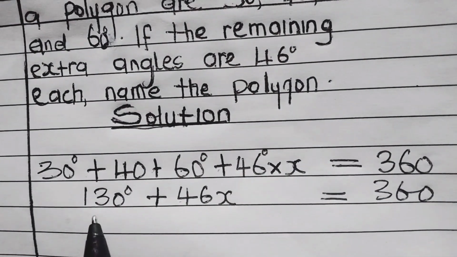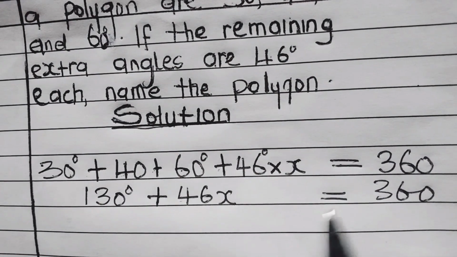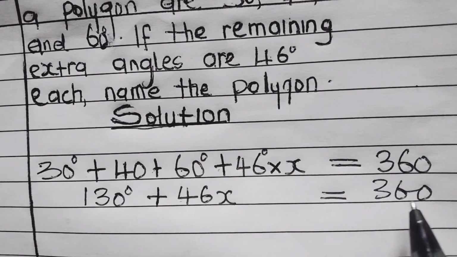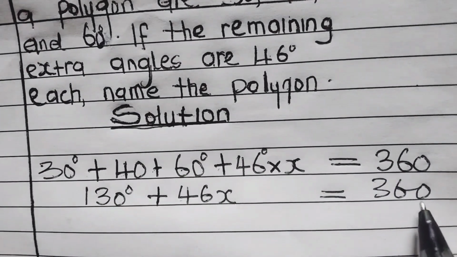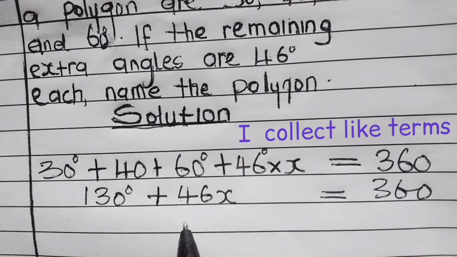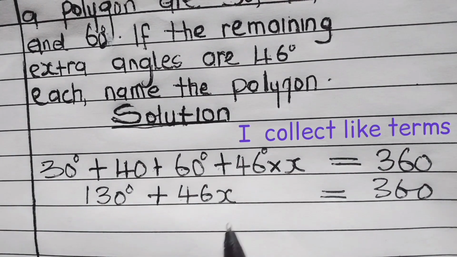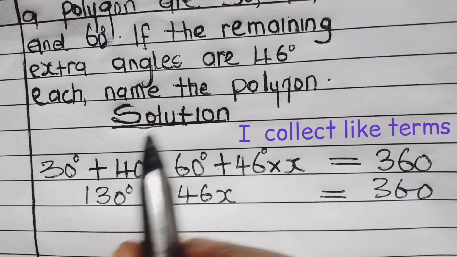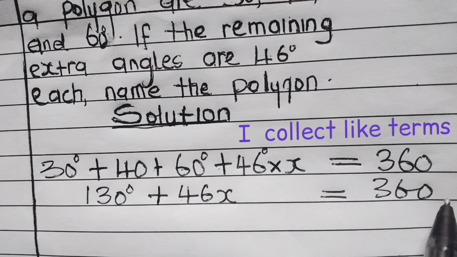Now I have 130 plus 46x equals 360. Now what do I do again? I collect like terms again. I want 46x to stand alone, and the number that doesn't have x to go to the other side.